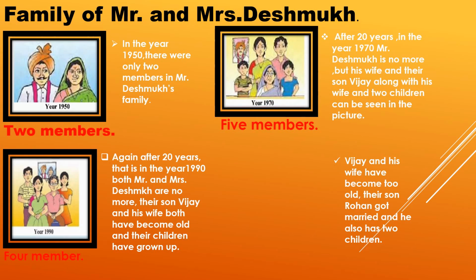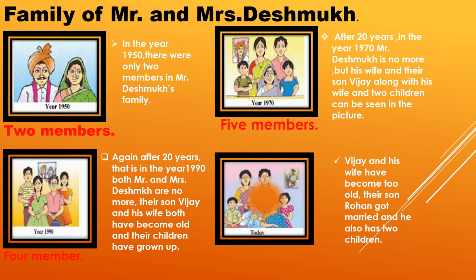Today we can see Vijay and his wife have become very old. Their son Rohan got married and he also has 2 sons. So there are 6 members in the family.